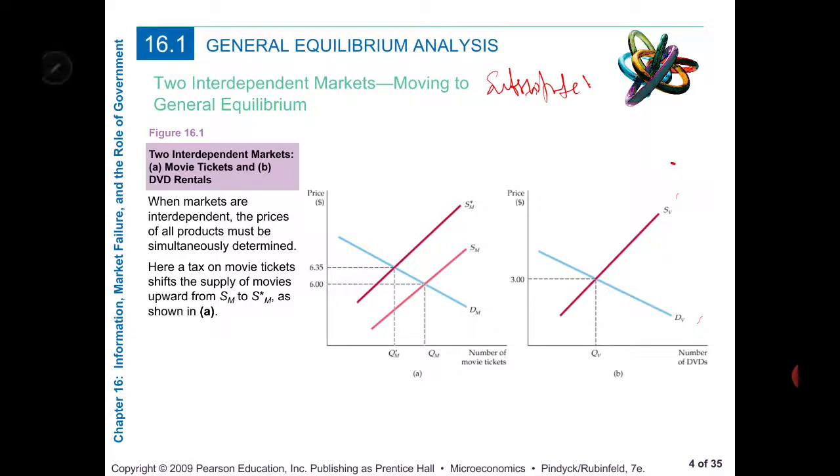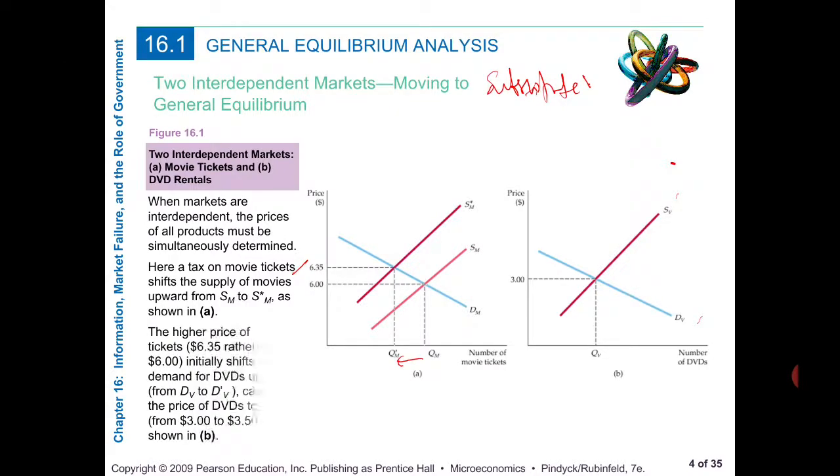So the new supply with tax curve is S star, and the new price after tax is 6.35. People will buy less of movies, correct? And when they buy less of movies, they substitute by buying more DVDs.